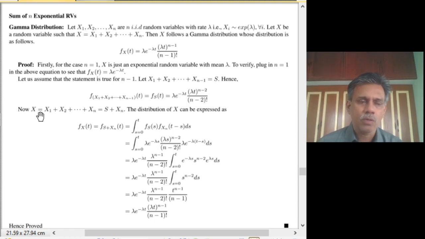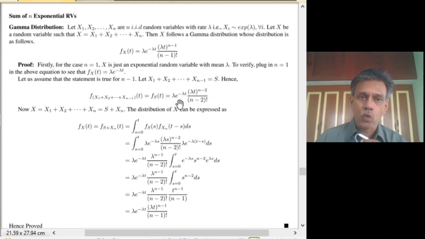Now if you talk about the sum of n random variables, which we denote as X, it will be X1 plus X2 to Xn minus 1 plus Xn. If you take X1 to Xn minus 1, that is what we denoted as S. Therefore X is nothing but S plus Xn, and we know the density function of both of them. Xn is just an exponentially distributed random variable whose density function is known to us, and yes, we assume S takes this form.